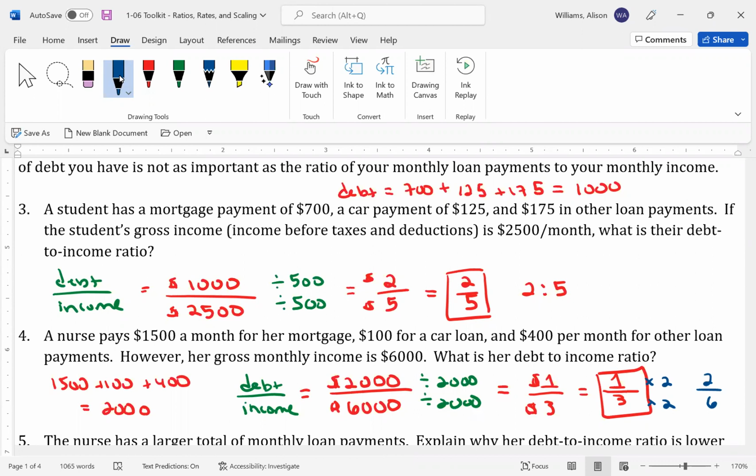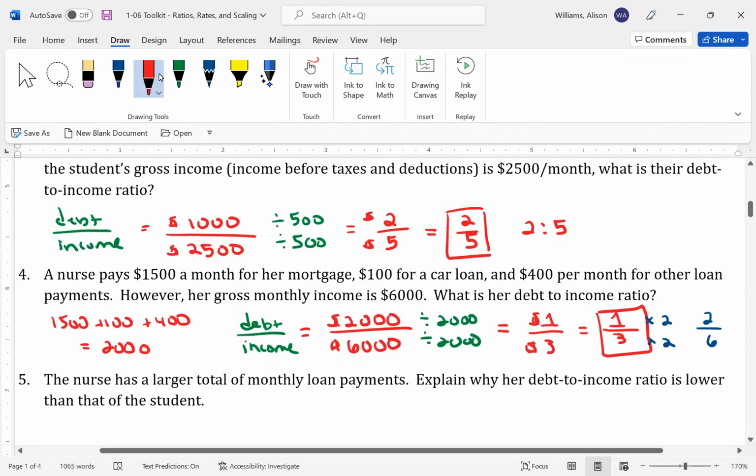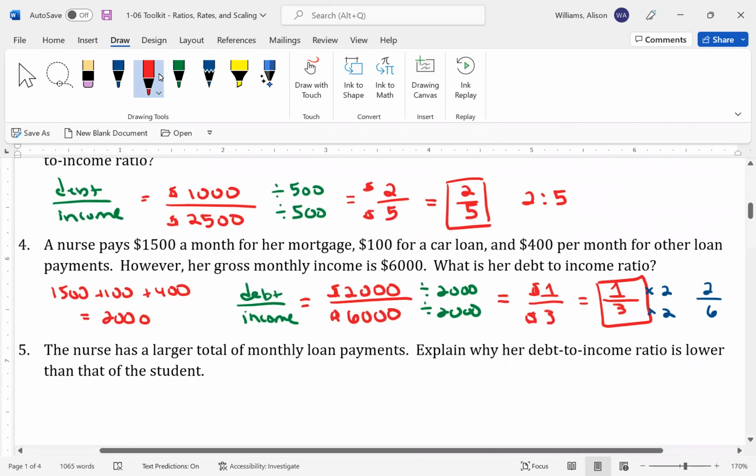So who has the lower debt to income ratio? The nurse does, because she's making an extra dollar every time they have the same amount of debt. So her debt to income ratio is lower than the student's. And I believe that's what they say here. Explain why her debt to income ratio is lower than that of the students. So the explanation is she's making a lot more per month.